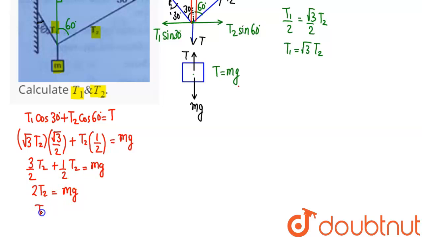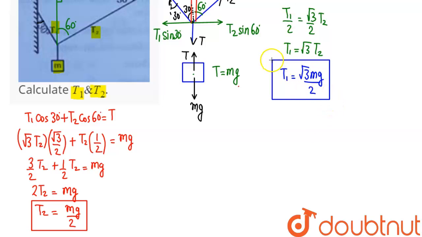Hence the value of tension T2 is mg upon 2. Now substituting this value of T2, we obtain the value of T1 as root 3 mg divided by 2. So this is the tension T1, root 3 by 2 into mg. These are the two corresponding tensions T1 and T2, which is our answer.